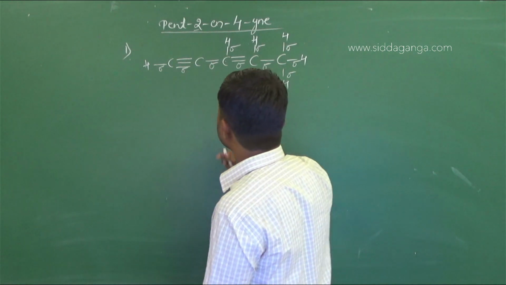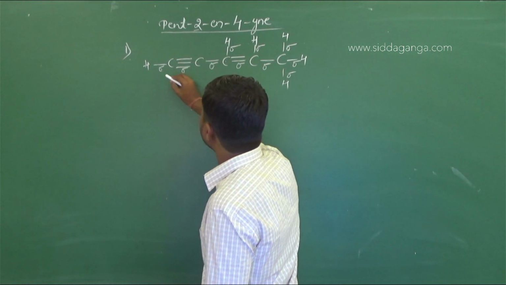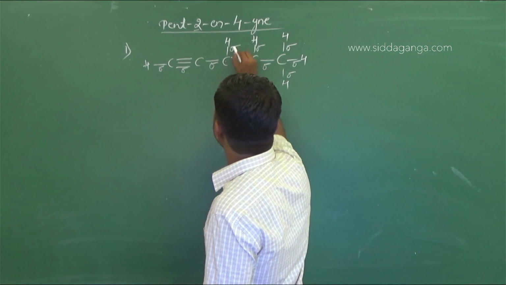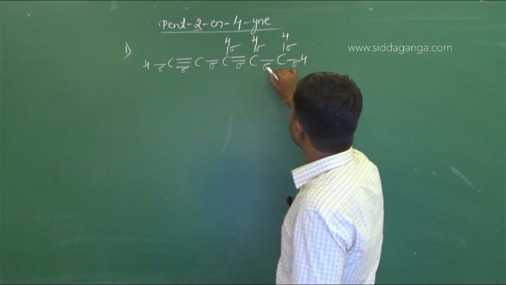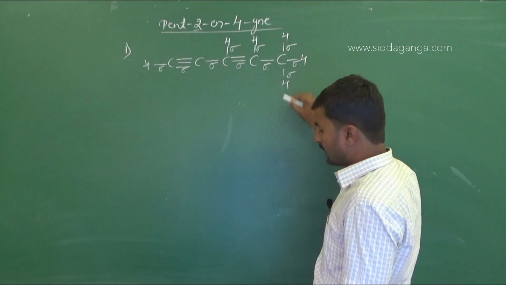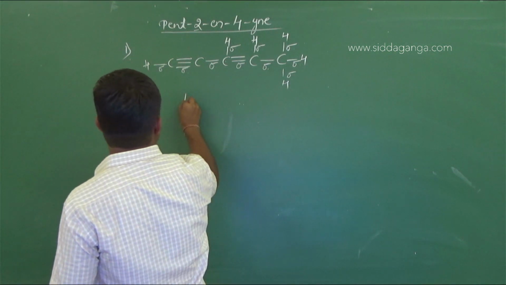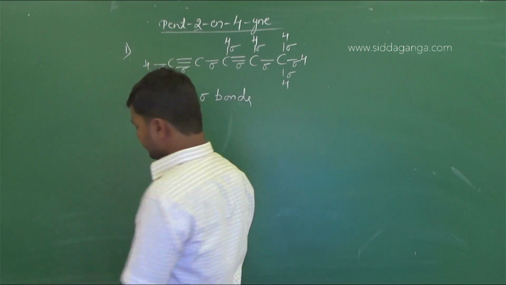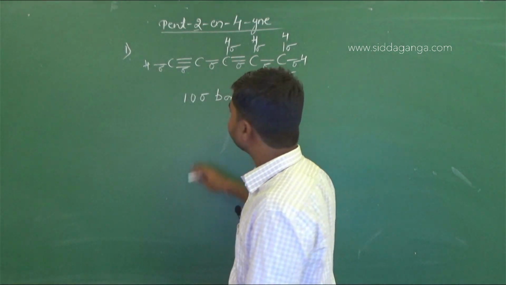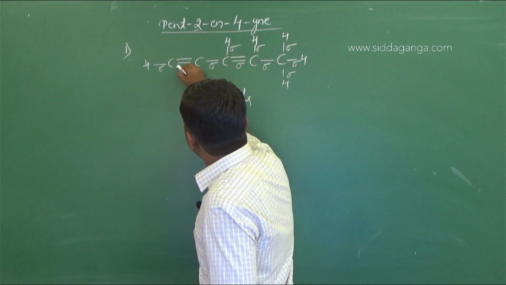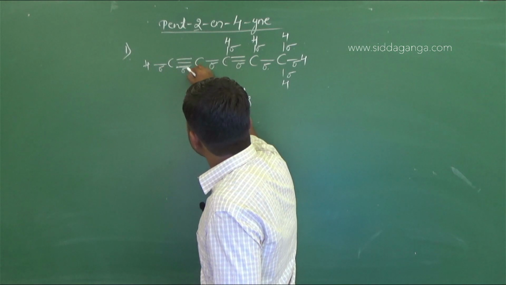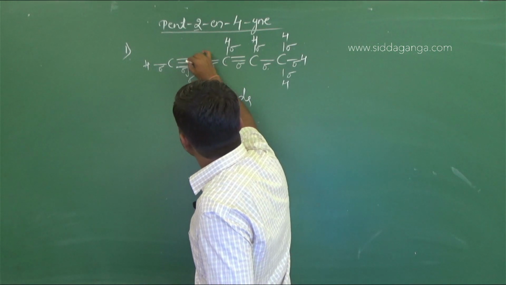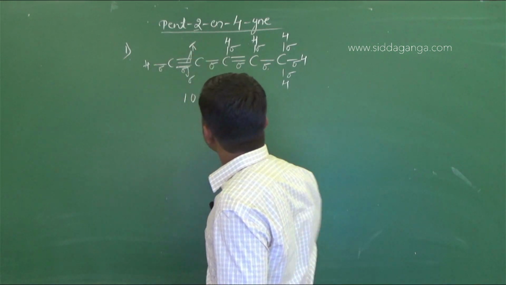So in this particular structure, how many sigma bonds are there? 1, 2, 3, 4, 5, 6, 7, 8, 9 and 10. In total we have 10 sigma bonds. And how many pi bonds are there? Among three bonds, the first bond is always a sigma bond and the rest of the two bonds are pi bonds.